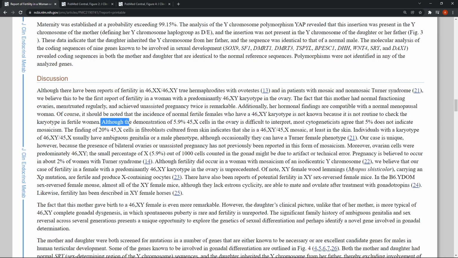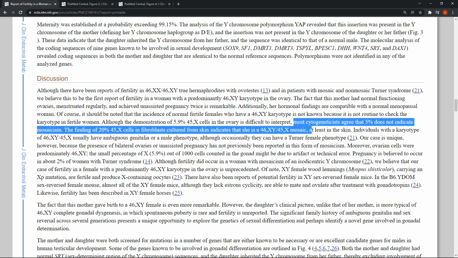So moving on, although the demonstration of 5.9% of mono X cells in the ovary is difficult to interpret, most cytogeneticists agree that 5% does not indicate mosaicism, meaning that the level apparently isn't enough to qualify as two distinct karyotypes present and overlapping to some degree.